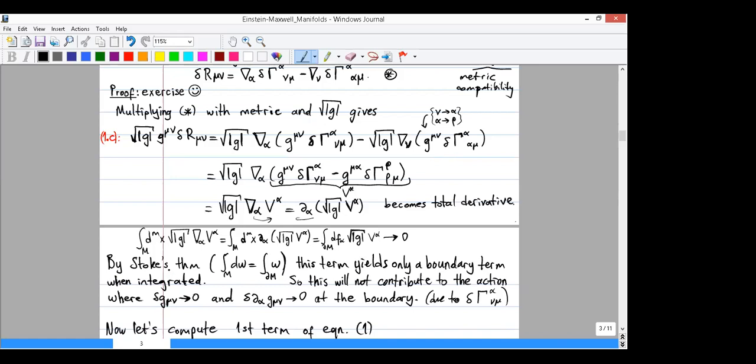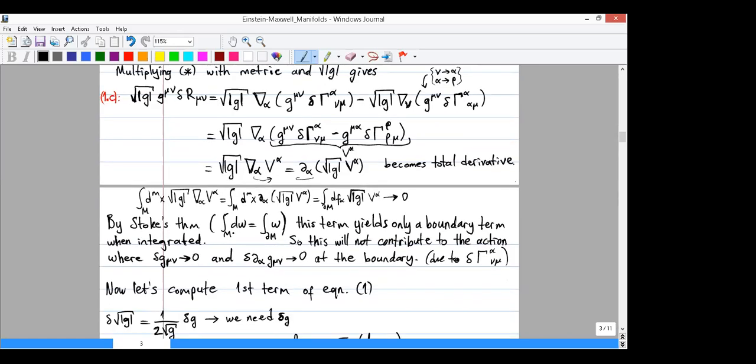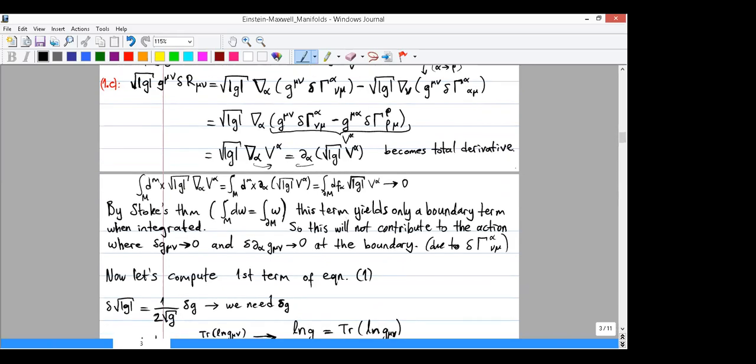Then we can use Stokes' theorem here. Remember, if you have a one-form like this, and it is calculated on the boundary with omega, this term yields only a boundary term.